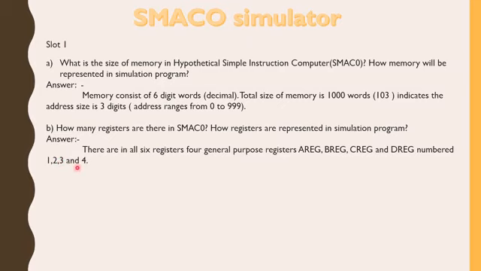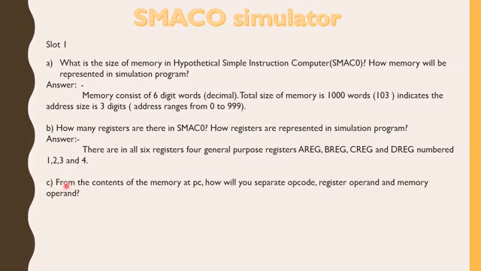To represent the registers in your SMACO program, as we will see in the program, we will create an array of integers that will have the values 1, 2, 3 and 4. Whatever register we have used, we will set it as 1, and the others will be 0.